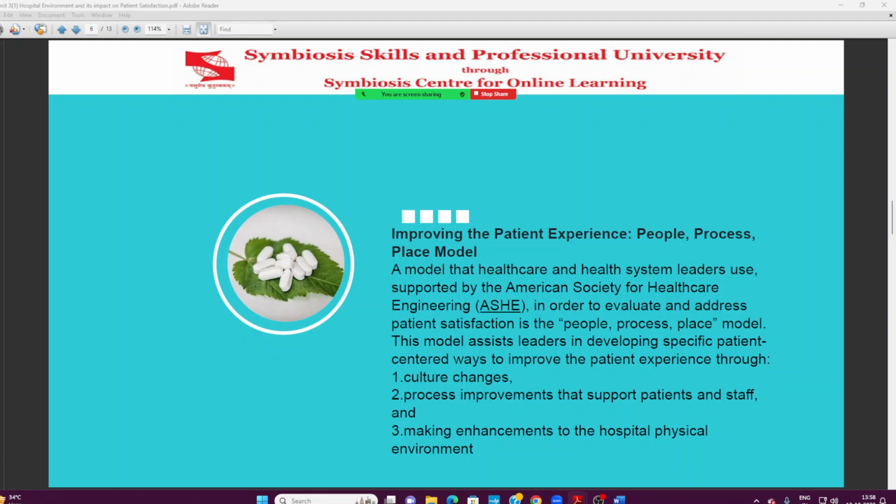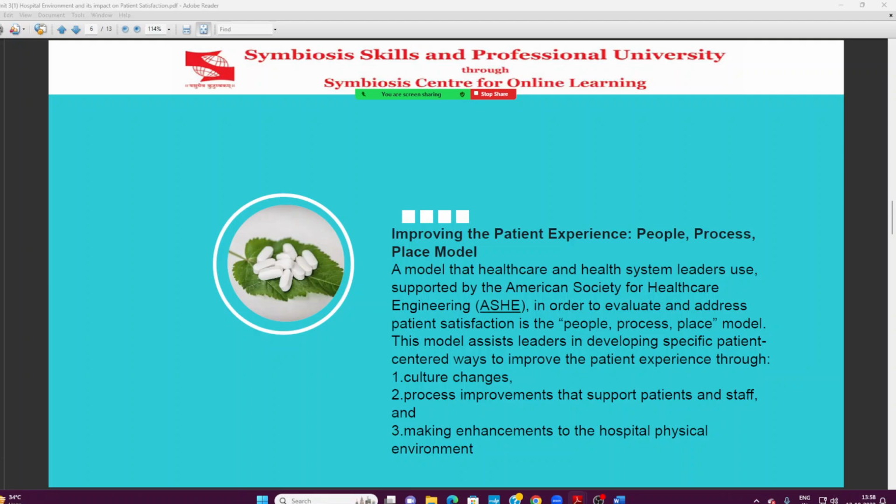This is what is practiced. Each and every hospital has its own culture. That culture needs to be maintained and nurtured, and it needs to be passed on to the medical staff who are newly recruited, right?